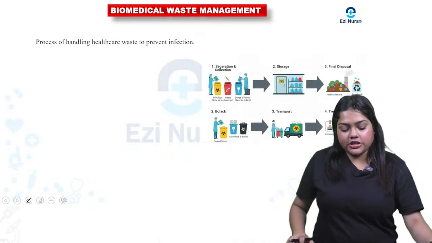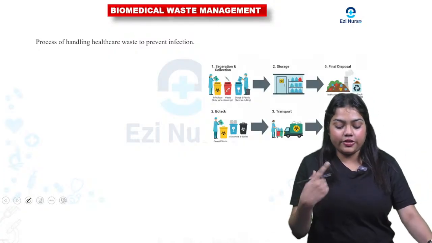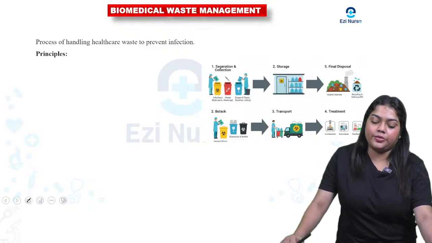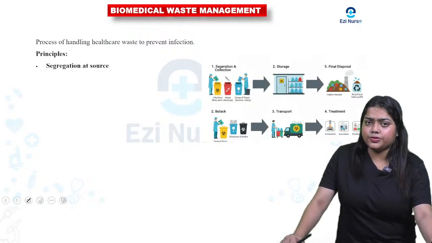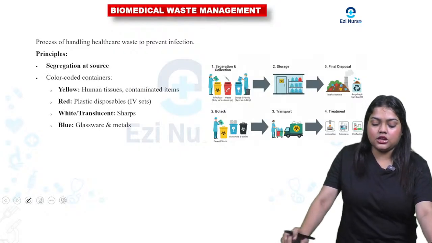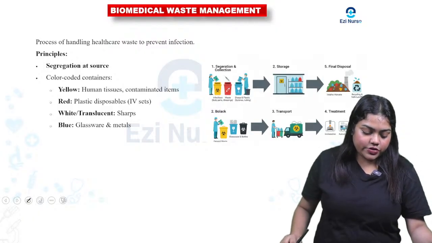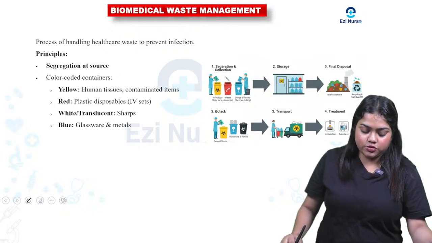Next is biomedical waste management. What is it actually? To process and handle healthcare waste to prevent infection is called biomedical waste management. There are some principles we have to maintain, which are segregation at source, color coded like yellow, red, white or translucent, and blue.